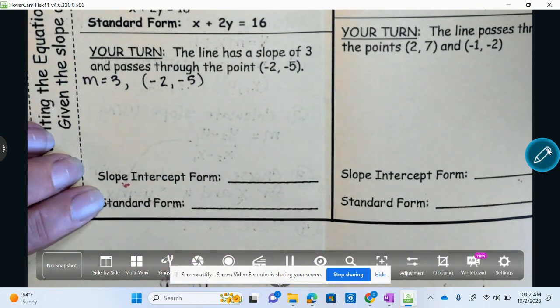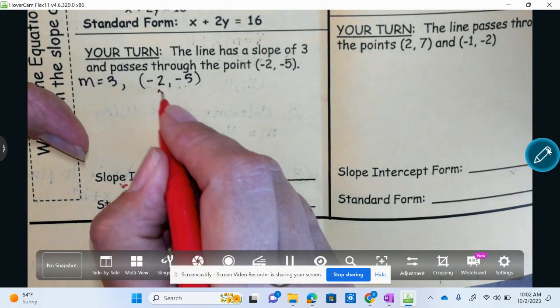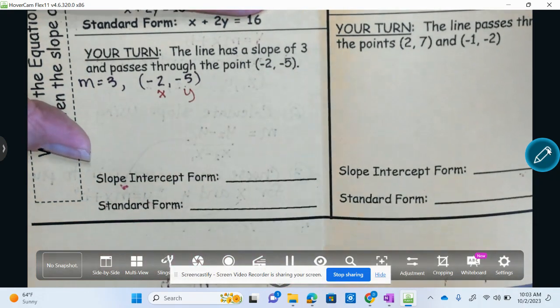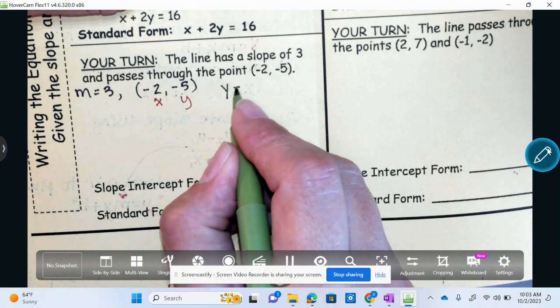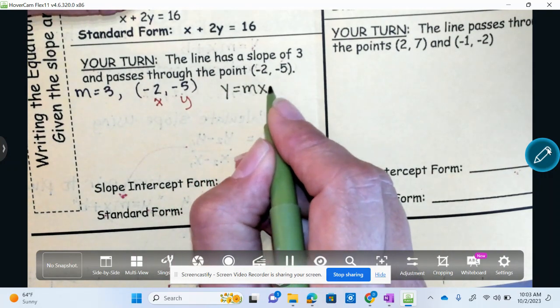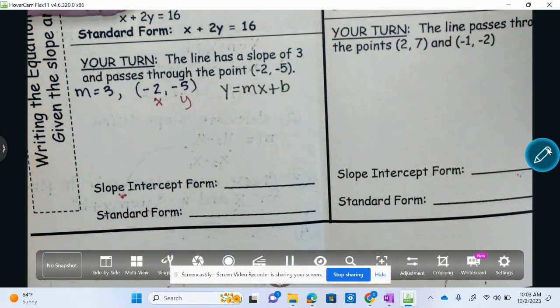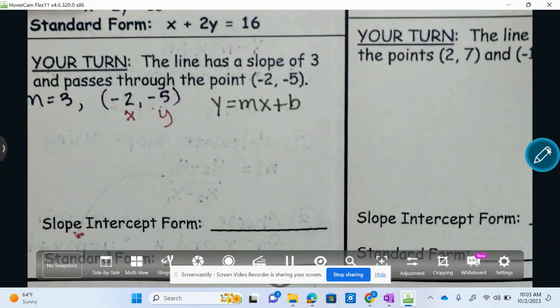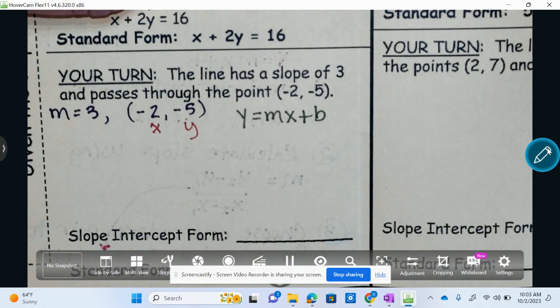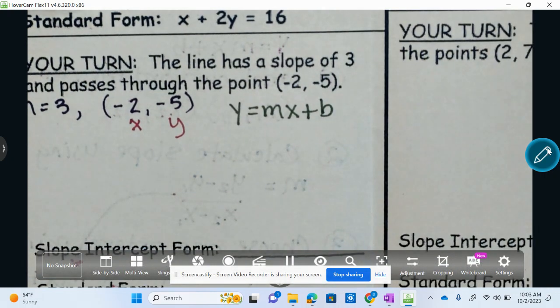Once I write down my ordered pair, I'm going to label it x and y, so I know how to plug it into my equation, y equals m times x plus b. So we're just going to solve for b. We're just using this information right here and solving for b.